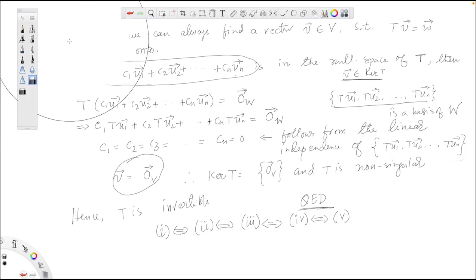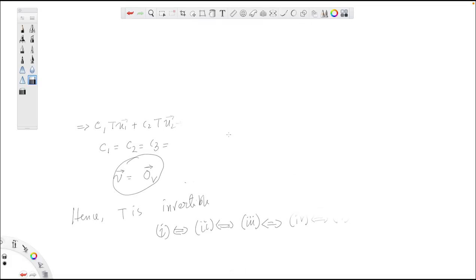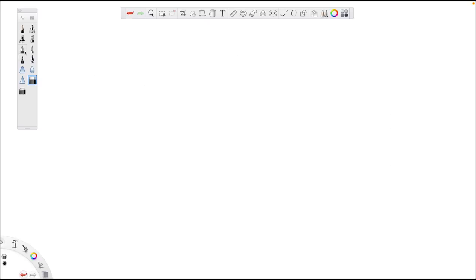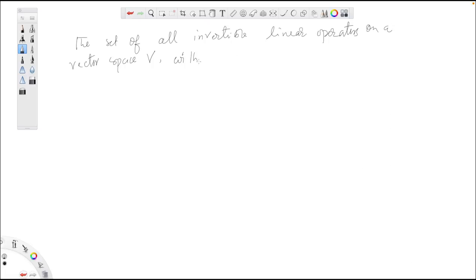Now, the terminology of a group follows from what we have discussed so far about invertible linear operators on a vector space V. The set of all invertible linear operators on a vector space V with the operation of composition.